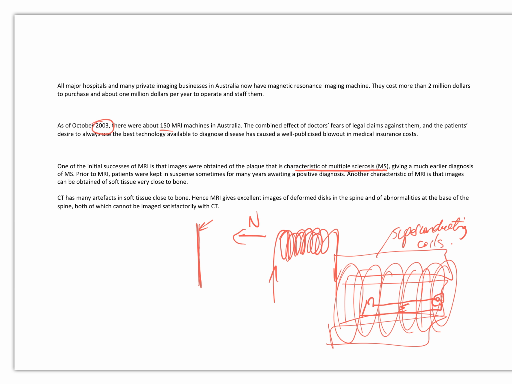Those superconducting coils can produce enormously strong magnetic fields. The radio pulses and radio waves that are used are produced by smaller coils. We'll see that later on when we look at how an MRI machine works. But essentially these magnetic fields affect the protons and neutrons in the human body.